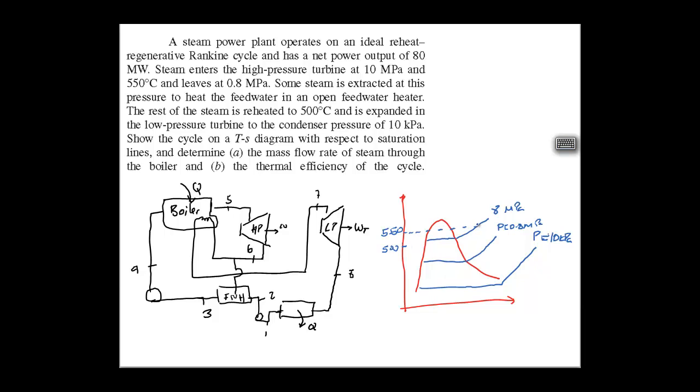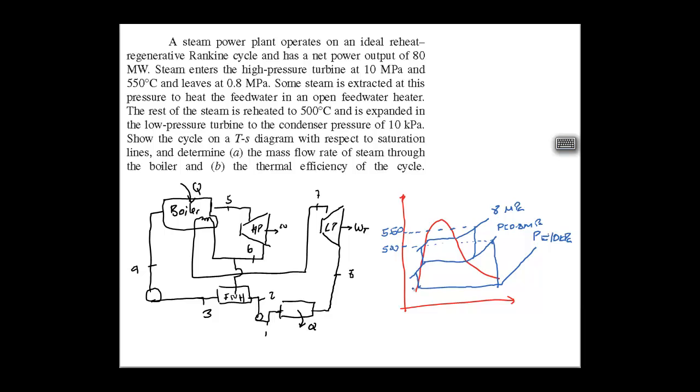So we know that we expand here until it gets to this point, then we reheat here, then expand again. We have these two pressures, so we join our lines.